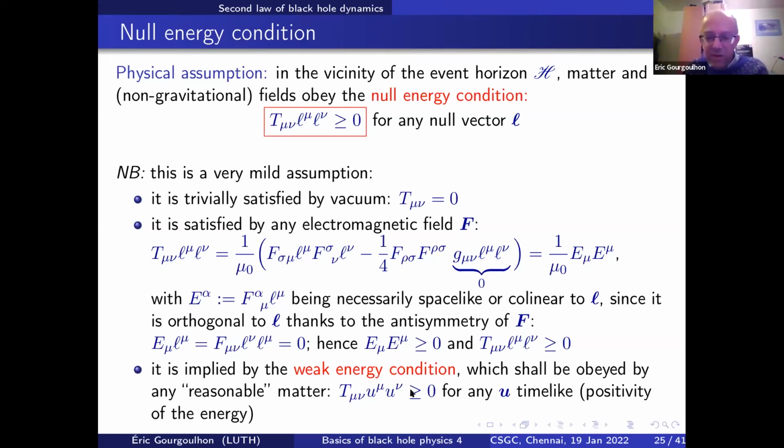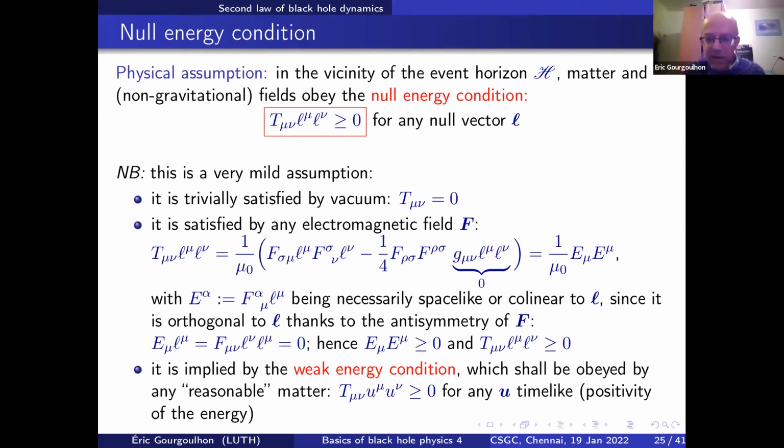Then this quantity is nothing but the energy density of matter measured by that observer. So this is a physical quantity. And so the weak energy condition is saying nothing but that the energy density of matter measured by any observer must be non-negative. So this is fulfilled by all ordinary matter, I mean, all the matter that we know.